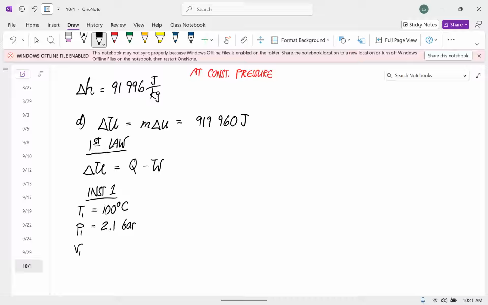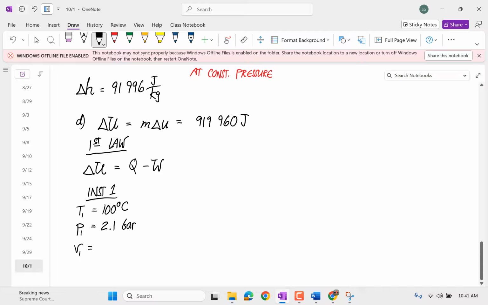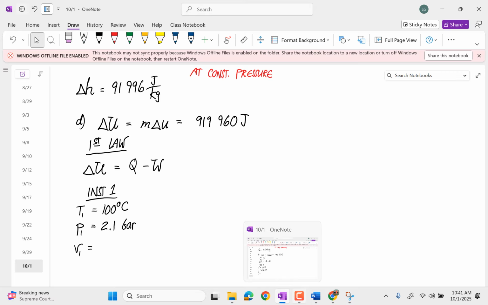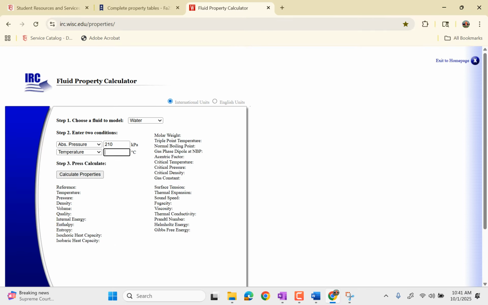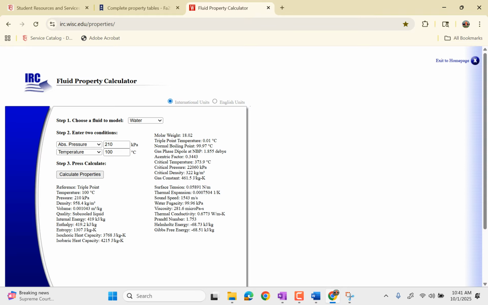And so the specific volume, so 210, our temperature is 100. So the specific volume is 0.001043. Oh, well, okay.